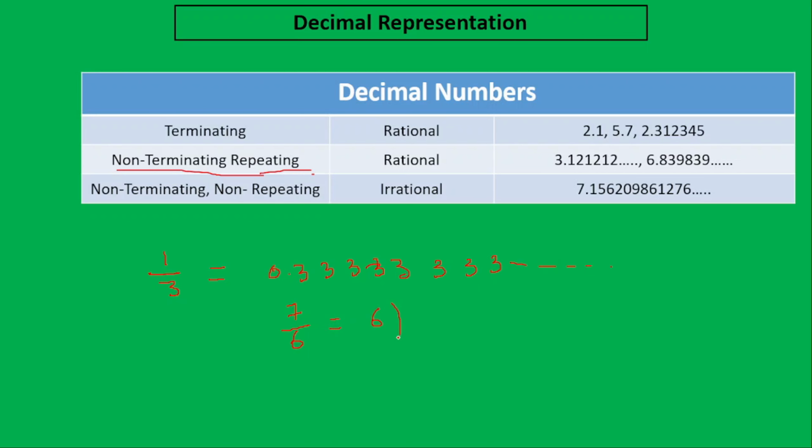And 7.6 will obviously be a rational number. You can check at your own side what is appearing.